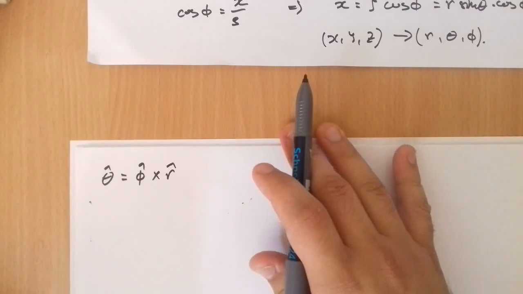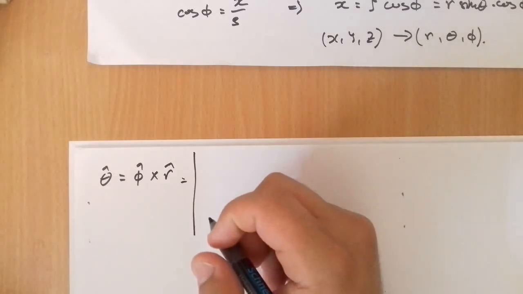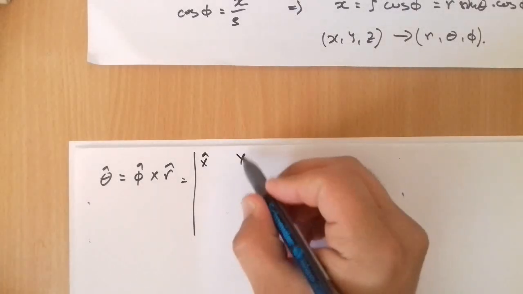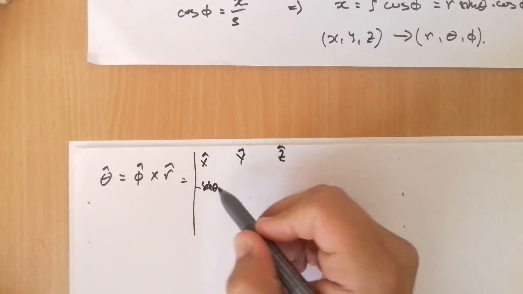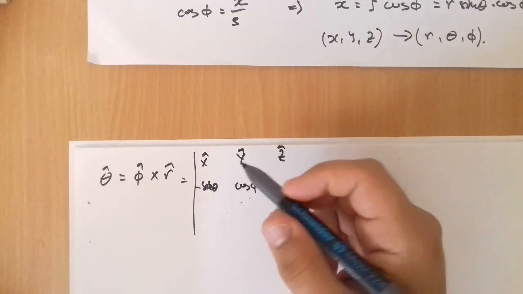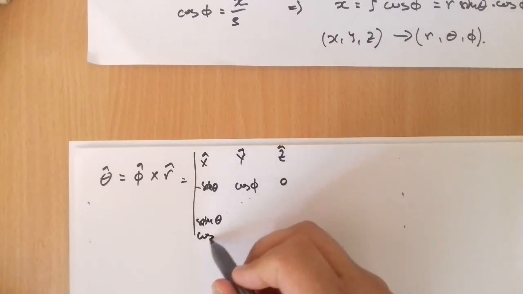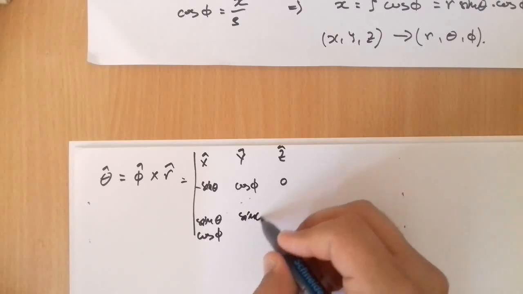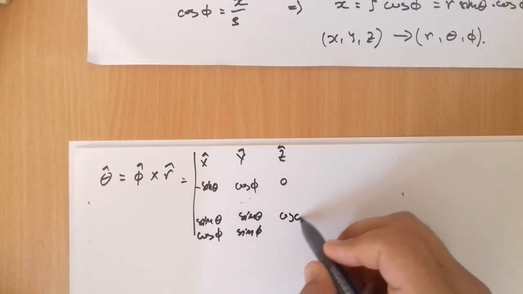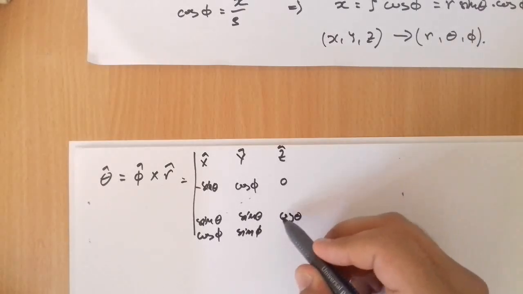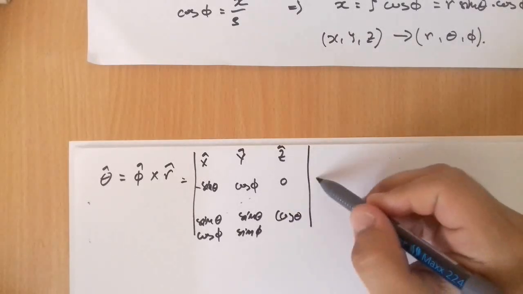Also, this can be written in matrix form: x hat, y hat, z hat; minus sine phi, cosine phi, 0; sine theta cosine phi, sine theta sine phi, cosine theta.